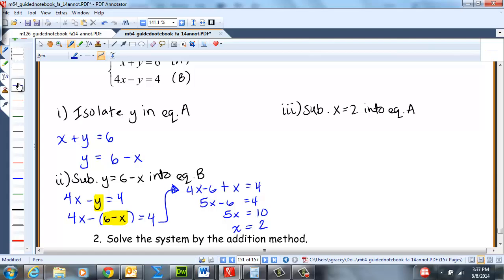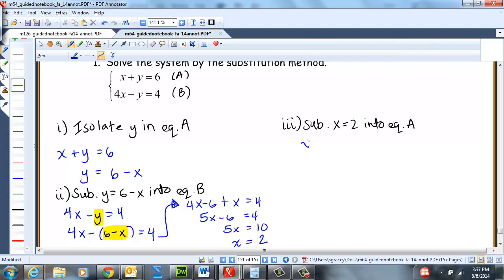Remember that equation A was x plus y is 6. So 2 plus y is 6. All I did here is plug in 2 for x.